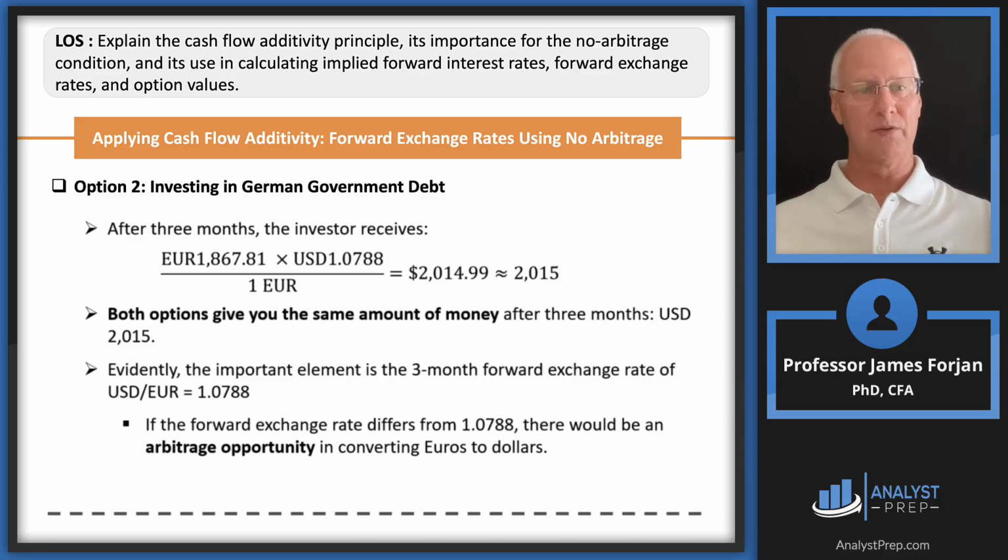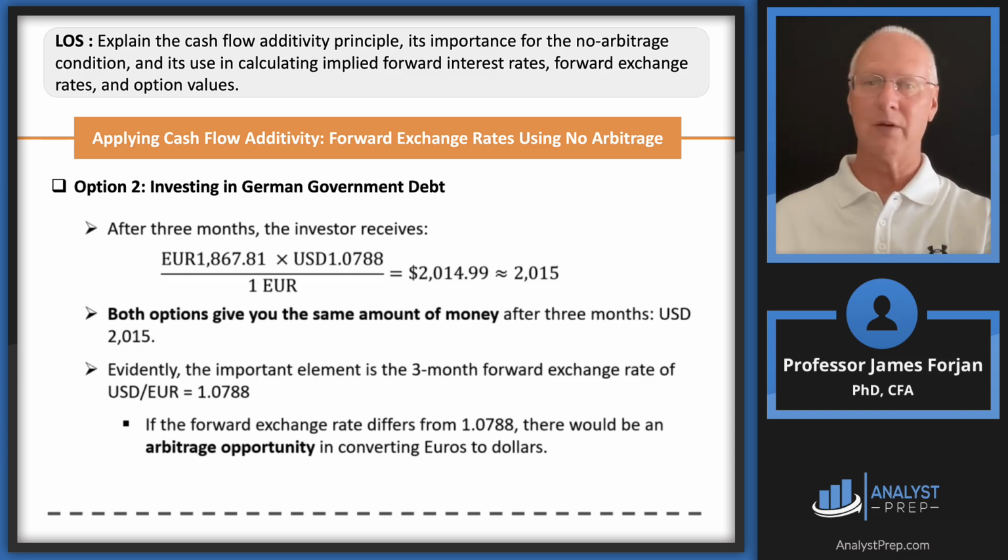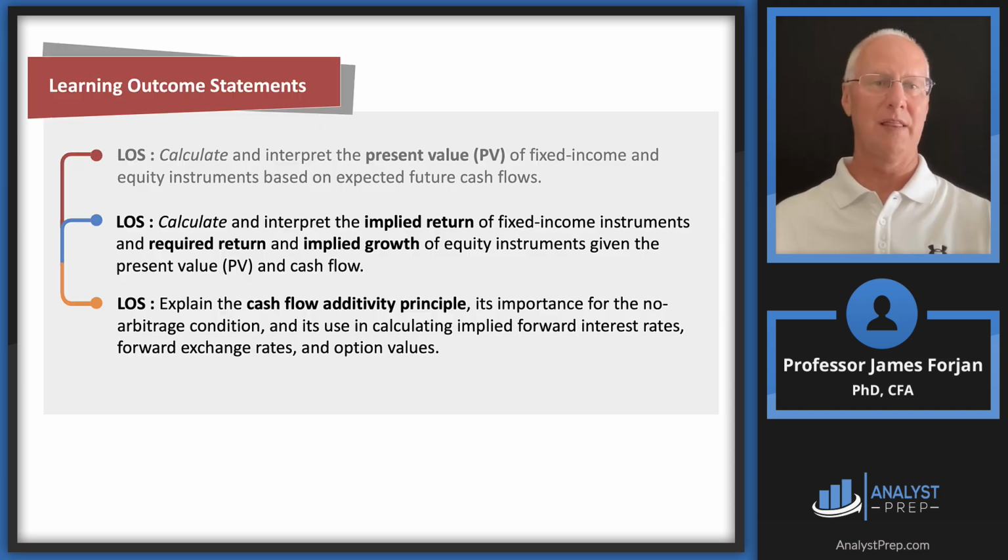So both of those choices give you the same amount of money after 3 months. So do you get the sense here that this cash flow additivity, as it applies to investment in domestic and global fixed income securities or option pricing, is super critical?